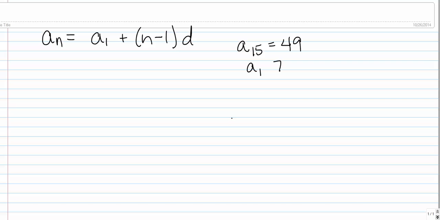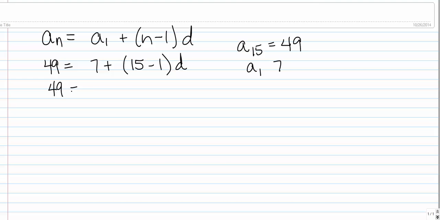I want to find out what the common difference is that gets me from one term in the list to the next. So a sub n would be 49 because that's the value of the 15th term in the list. A sub 1 is 7, and 49 is in the 15th spot. I just don't know what the common difference is.